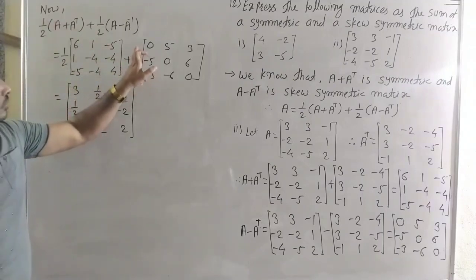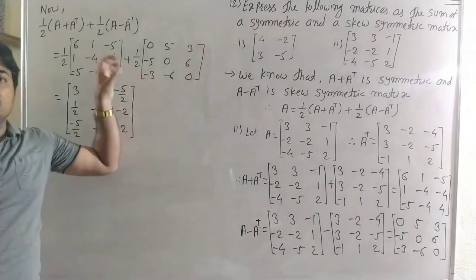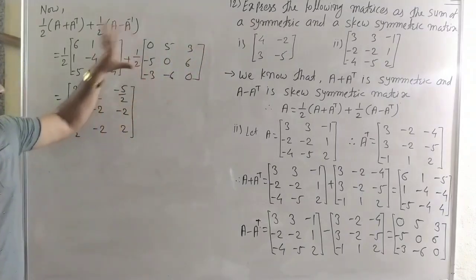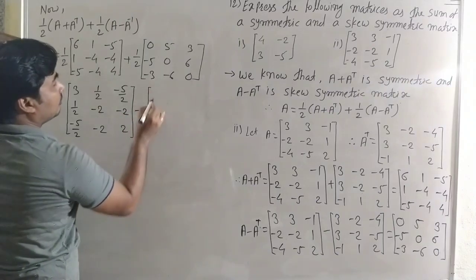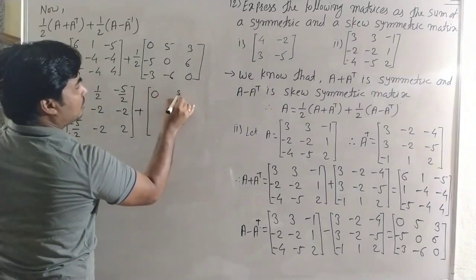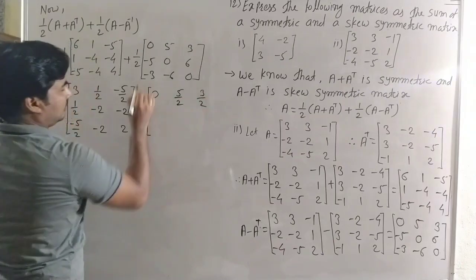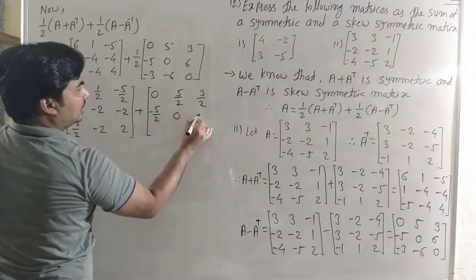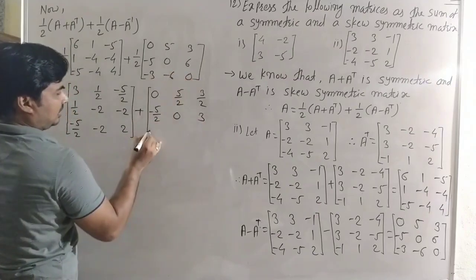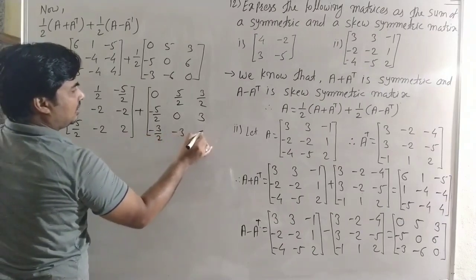Now again we multiply by 1 by 2 to this matrix, that means we multiply all elements by 1 by 2. Then plus, it is 0, 5 by 2, 3 by 2, minus 5 by 2, 0, 3. Okay. Then minus 3 by 2, minus 3 and 0.